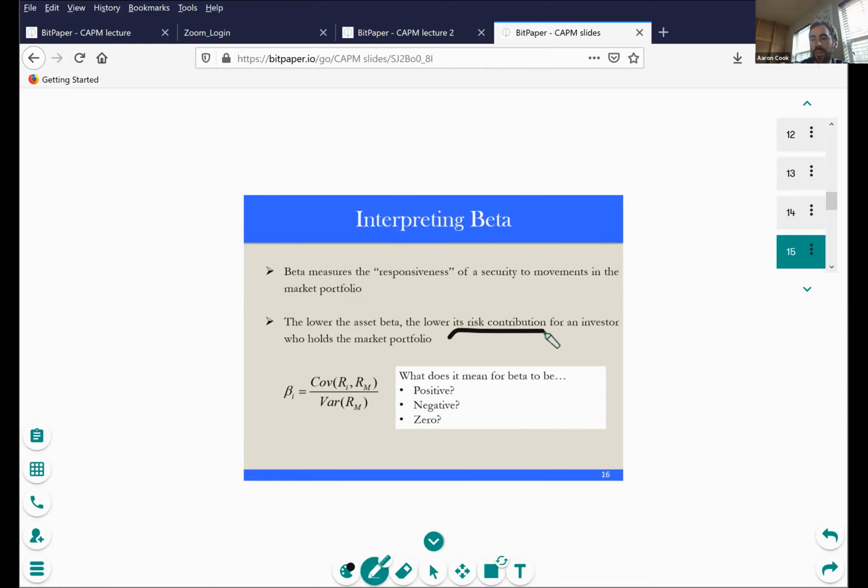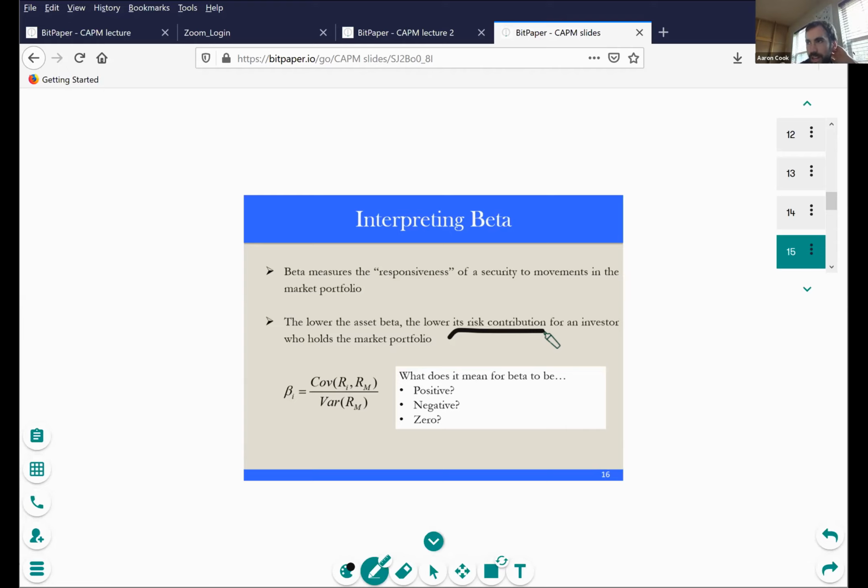So if the beta is actually negative, then adding that asset to a diversified portfolio is going to reduce the overall risk of that portfolio, because you're holding an asset that's going to tend to move upwards when the market as a whole is moving down. So it'll cancel out. It's almost like an insurance policy.